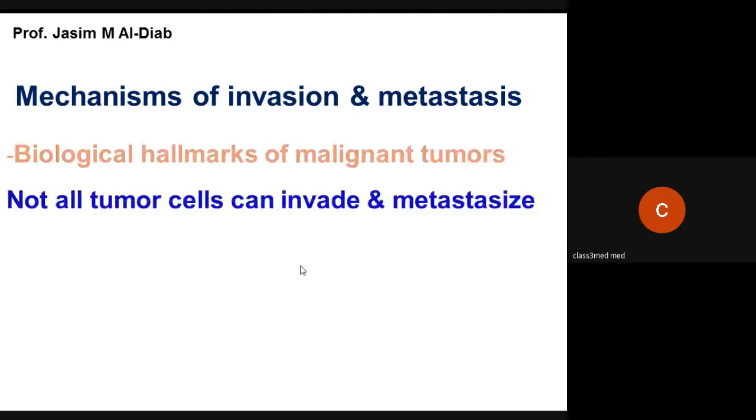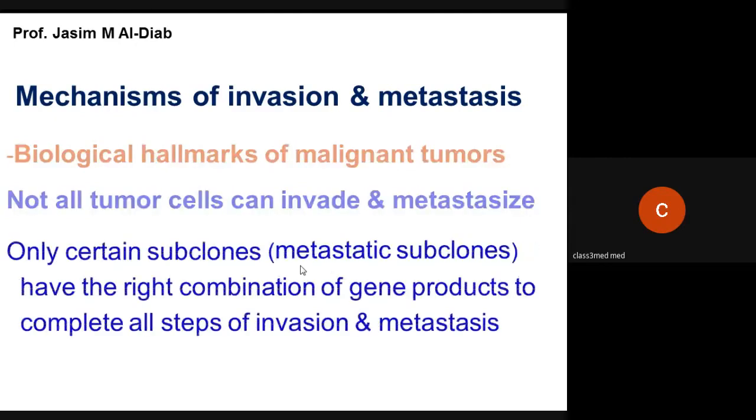Not all the tumor cells within the tumor mass have the ability to metastasize. There are only some tumor cells that have the complete set of gene and gene products. What are the gene products? The proteins, the product. So only the tumor cells that have the complete set of gene and gene products required to complete all the steps of invasion and metastasis. Clear?